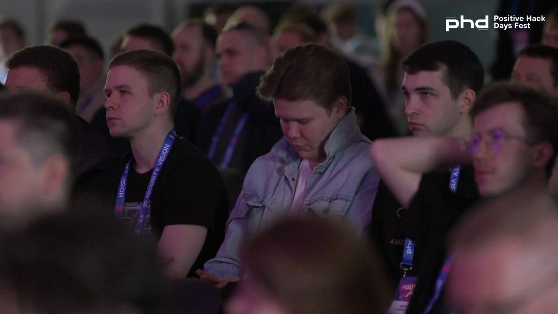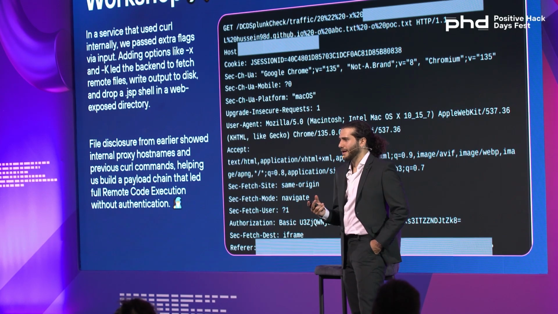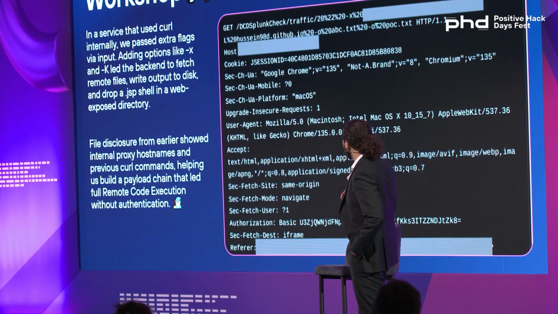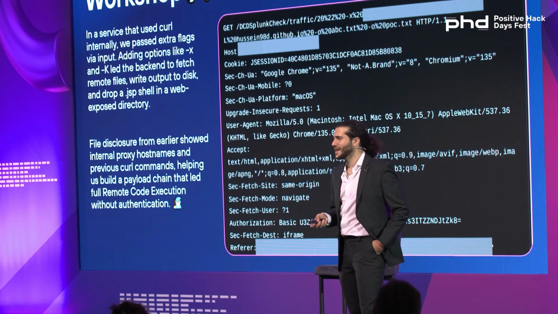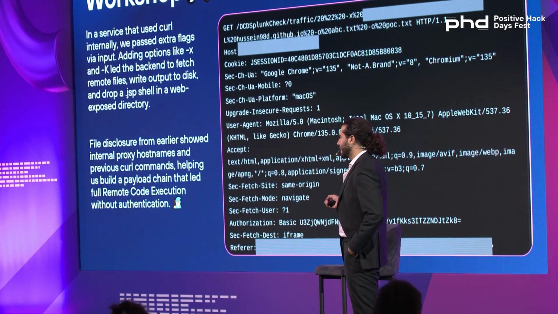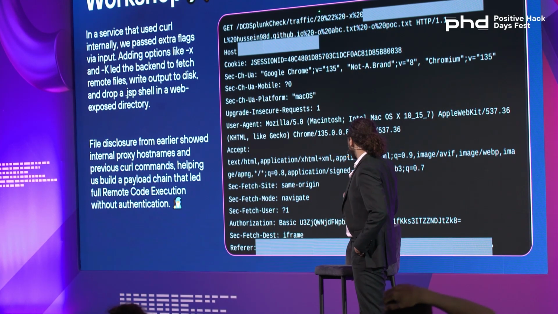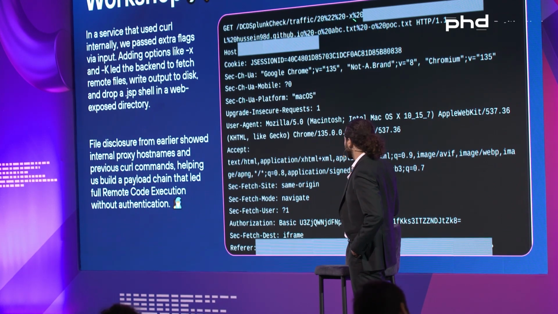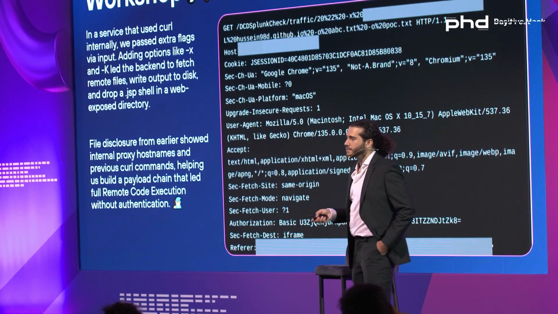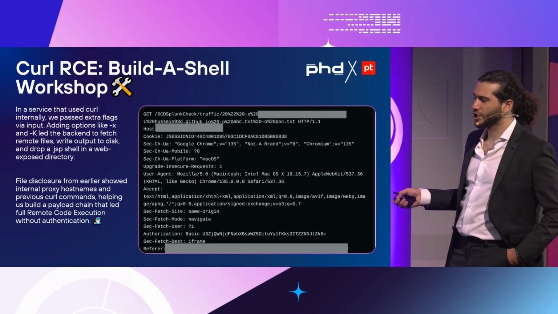Once it dropped an error, we could identify that it was actually using curl to make the request internally. So we were able to break out of the curl context happening in the backend and specify our own payload that would eventually lead to remote command execution. Inside this specific payload, we are breaking out here with the quote, and then giving it -x, which is a curl flag to give a proxy, and we are setting it to my host, which contains the shell.